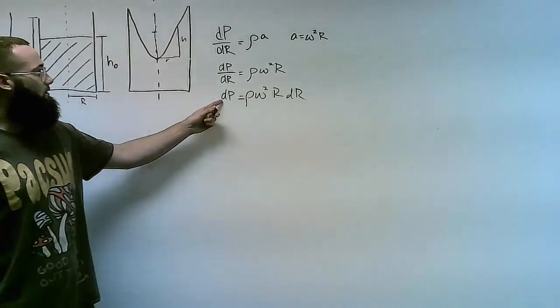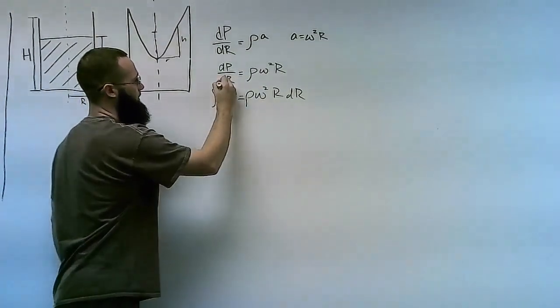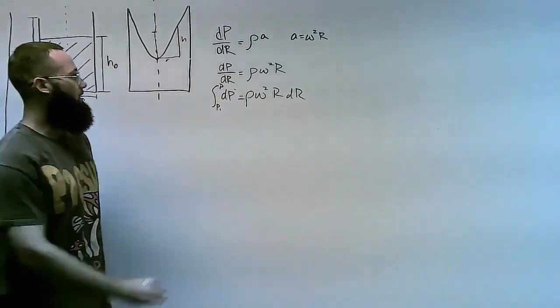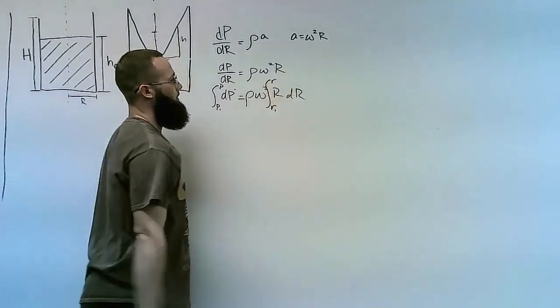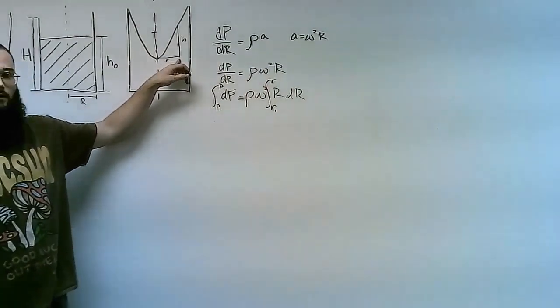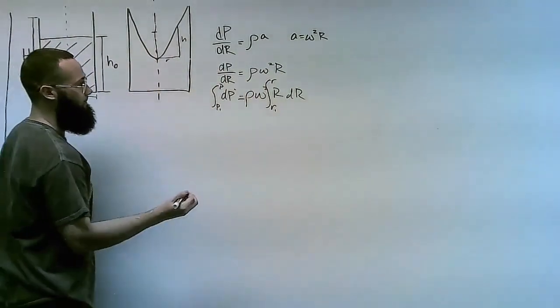And so for this, it's very easy integration. We're going to go from p1 to p, and I'm going to make this a dummy variable of integration. And for the r, we're going to go from r1 to little r, and that r would be any radius in this cylinder. So you could find the pressure at any radius in this cylinder.